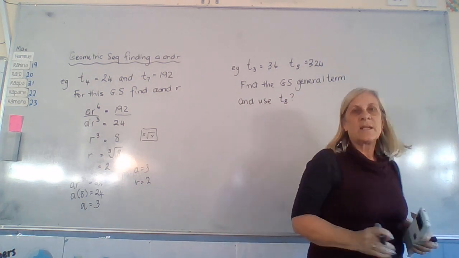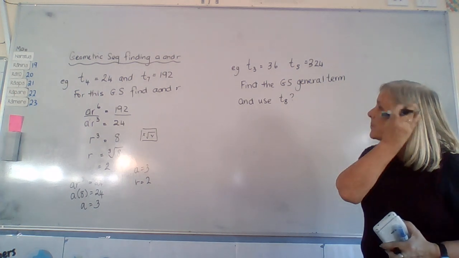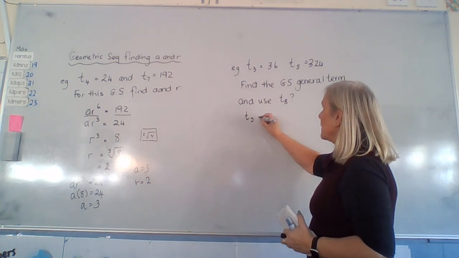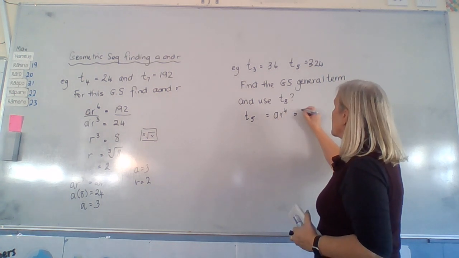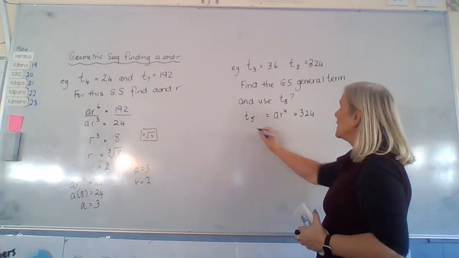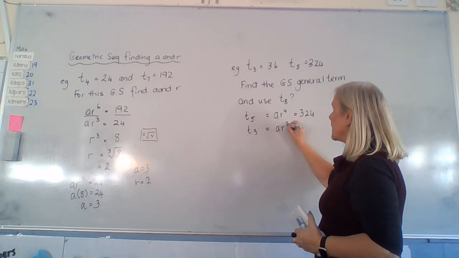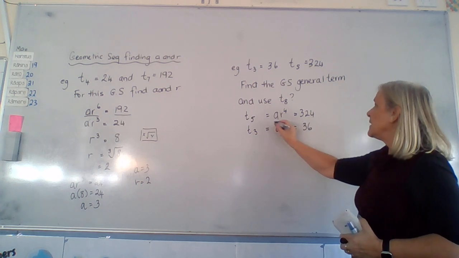All right, so same method, we're just going a little bit further this time. So take the big one, T of 5, which equals A r to the 4, which equals 324. Take T of 3, which equals A r squared, remember 1 less, which equals 36.